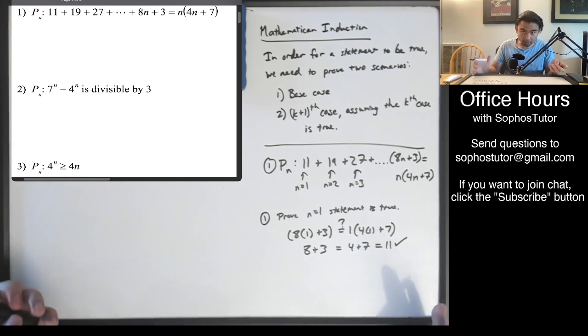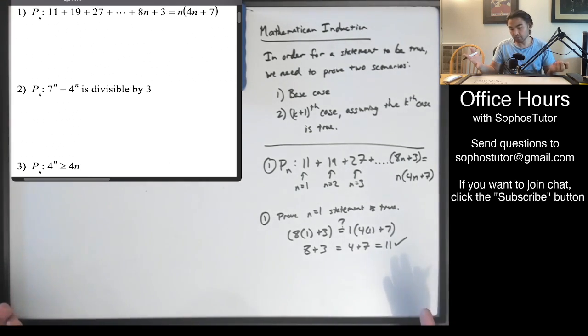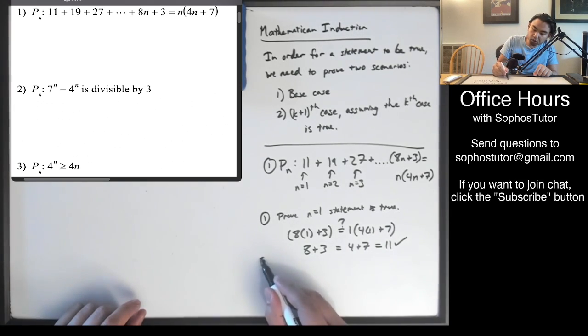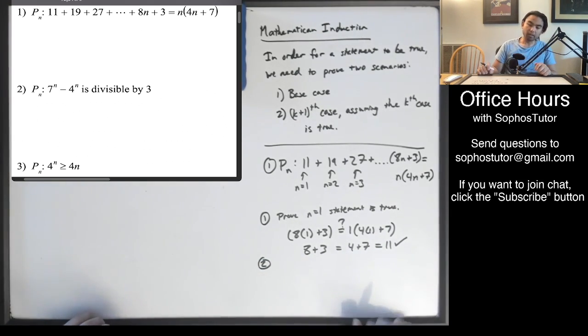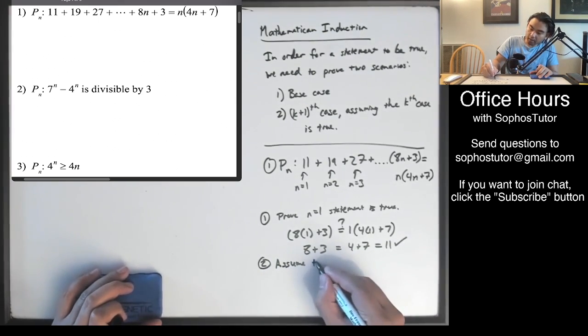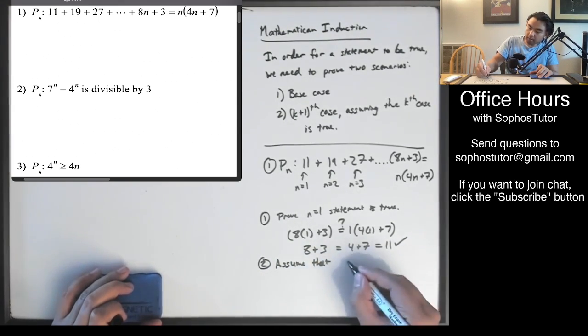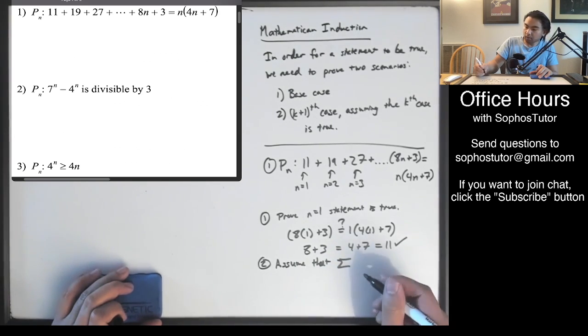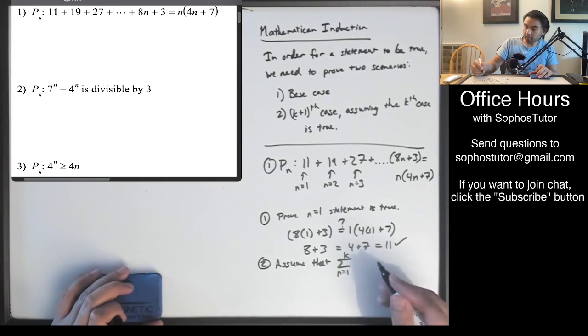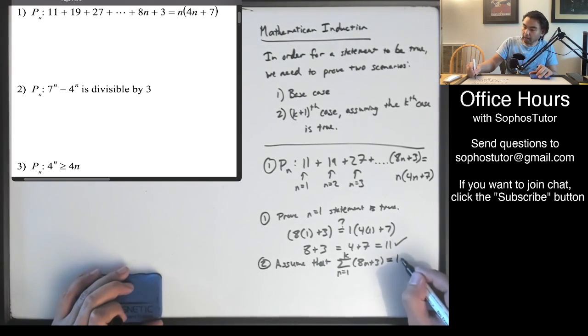And this is typically the simple step. Okay. Now when we get to step 2, things get a little more complicated. We are going to assume that the summation of n equals 1 to k of these terms 8n plus 3 does indeed equal k times 4k plus 7.